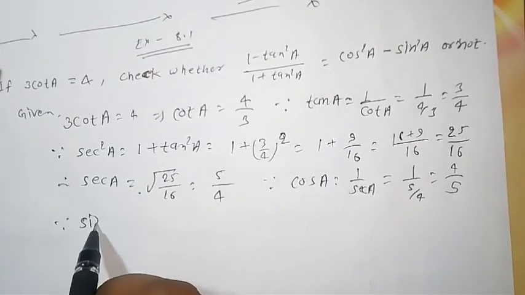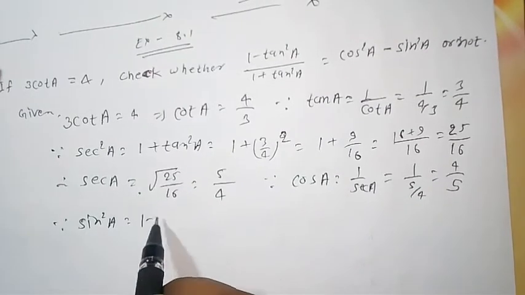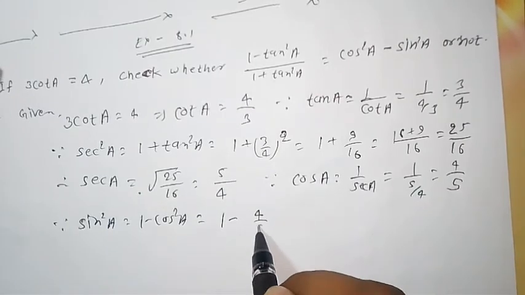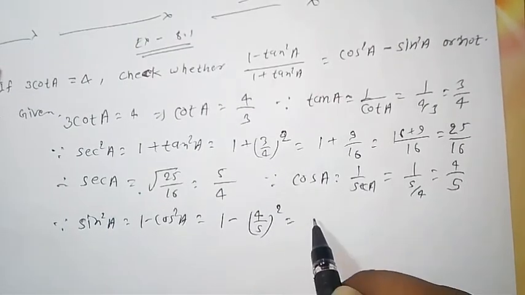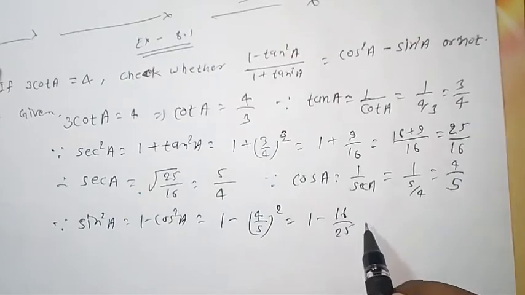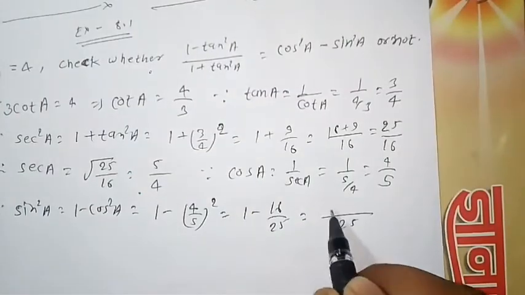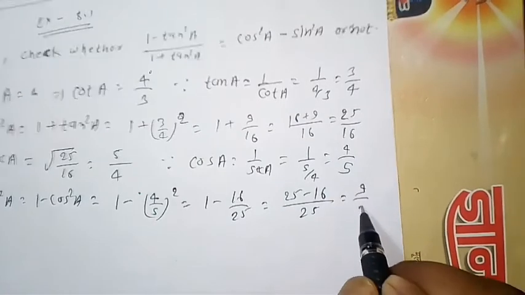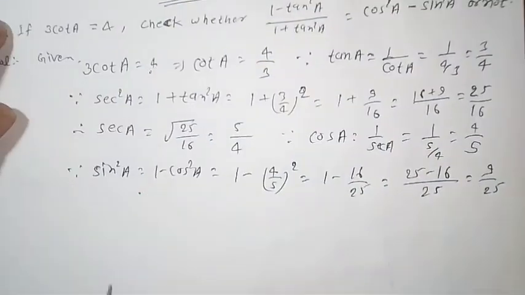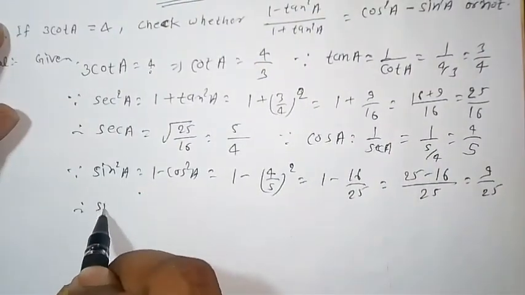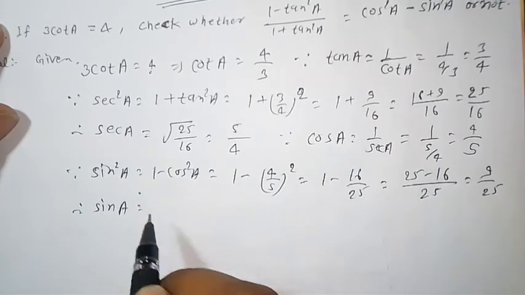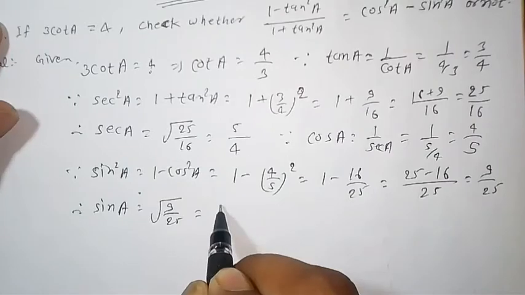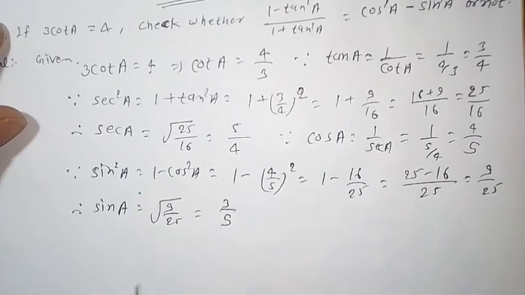Because sin square A is equal to 1 minus cos square A is equal to 1 minus 4 by 5 to the whole square is equal to 1 minus 16 by 25, LCM 25, 25 minus 16 is equal to 9 by 25. Therefore, sin A is equal to root under 9 by 25 is equal to 3 by 5.